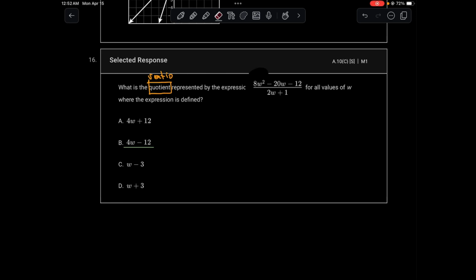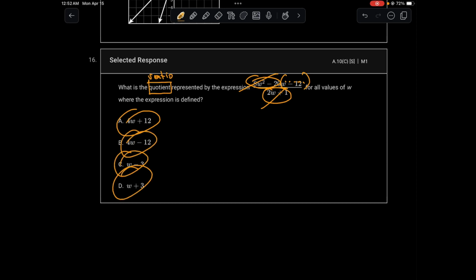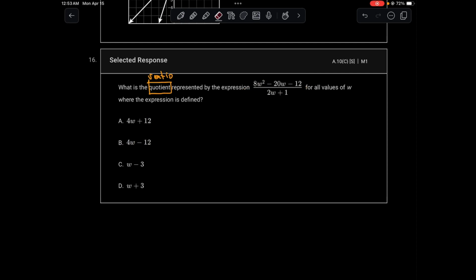Well, let's see. If this is the same as one of them, that means they are also equivalent, because it's the same thing, just one is after we simplified it, and the other one is before we simplified.